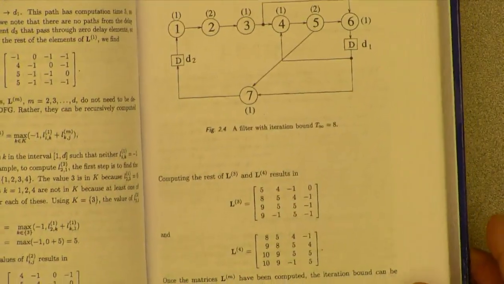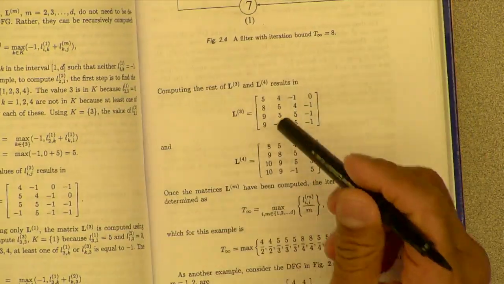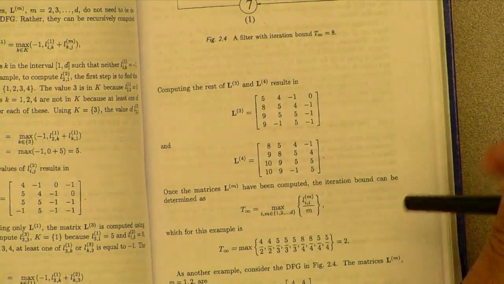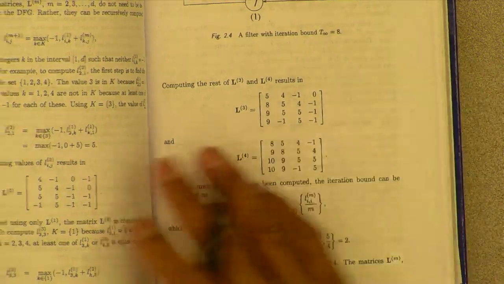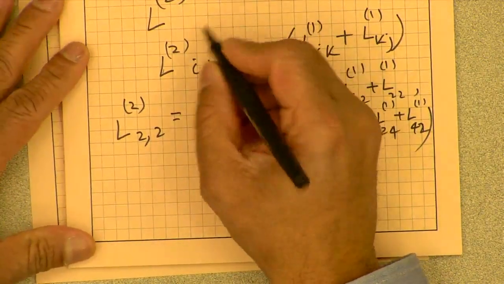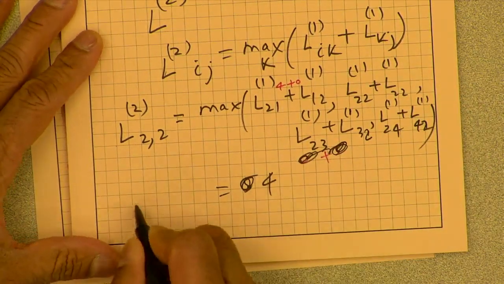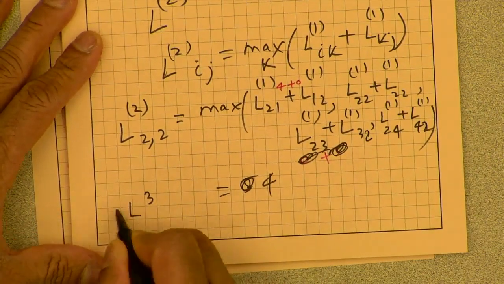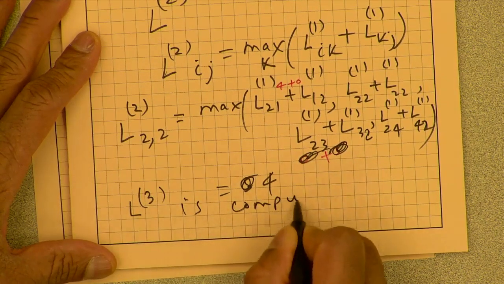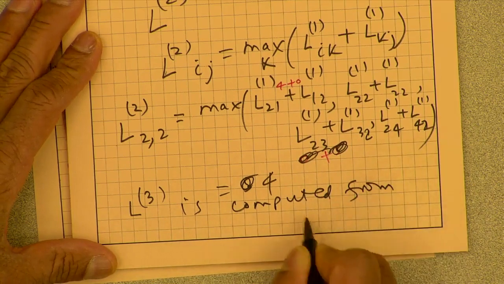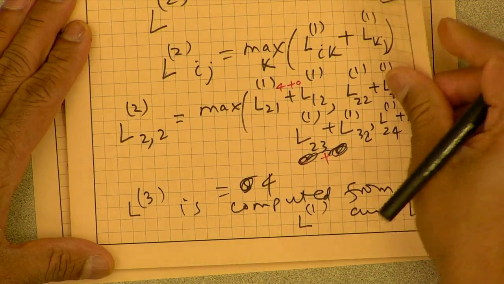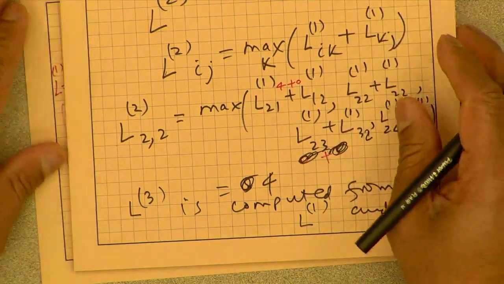So L1 and L3 can combine to L4, and then we can get all these things and compute all these matrices. So L3 is computed from L1 and L2.